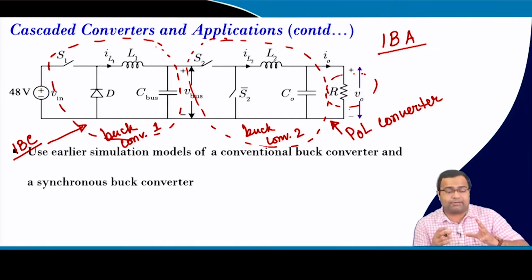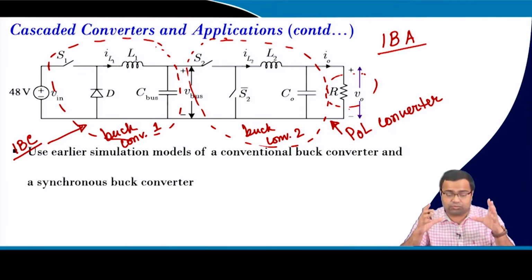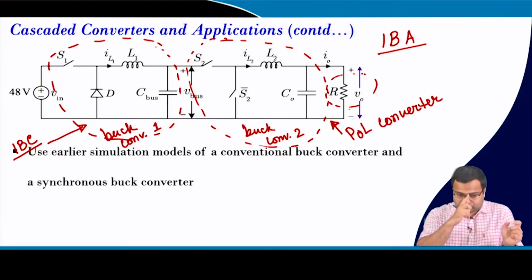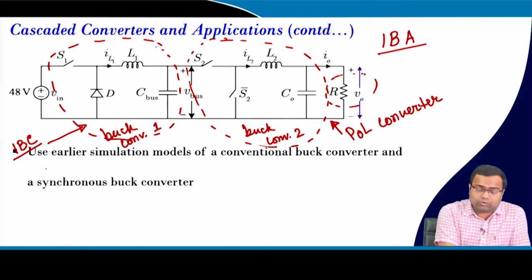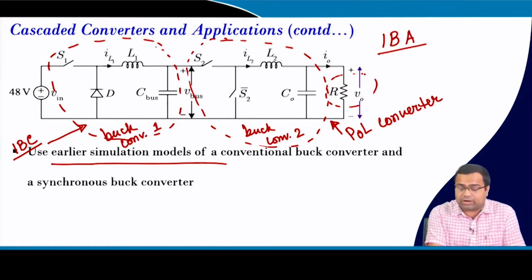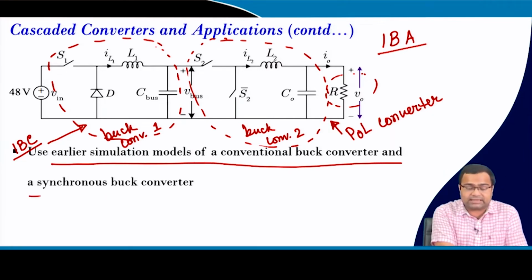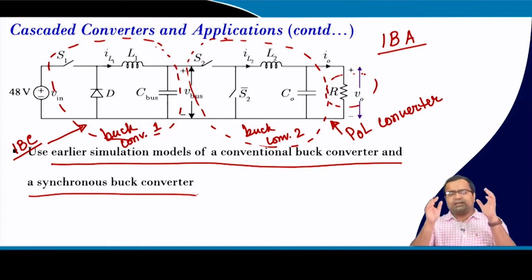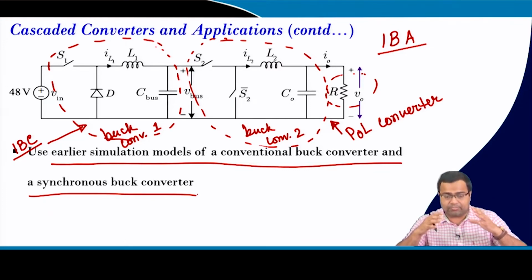So, first I want to show a MATLAB simulation case study. We want to consider our simulation model of conventional as well as synchronous buck converter, because in our earlier lectures I have demonstrated how to develop building blocks, like how to develop from scratch a model of a buck converter.